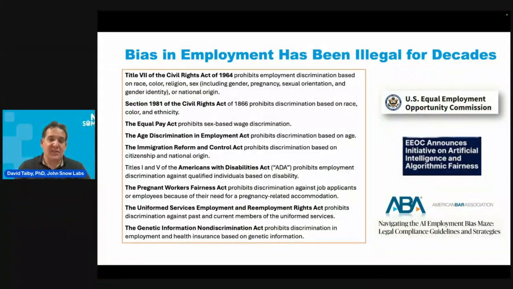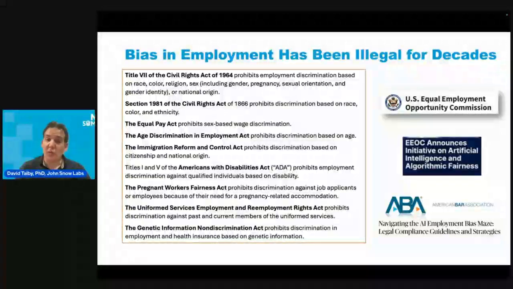Quite a few government agencies, as well as the American Bar Association, came up with guidance basically explaining that when dealing with employment, bias has been illegal for decades, and there are quite a few rules that already dictate that no matter if you do this manually, automatically, with generative AI or however else you call it, you are not allowed to discriminate people based on gender, age, pregnancy, religion, color, whether or not they served in the military, whether or not you have genomic information about them, disabilities, all of that is already in place.